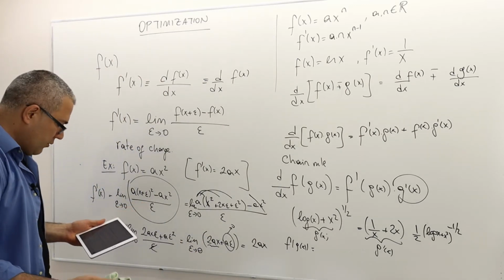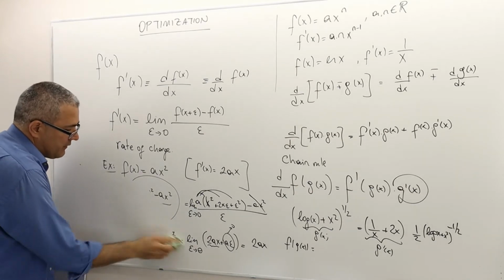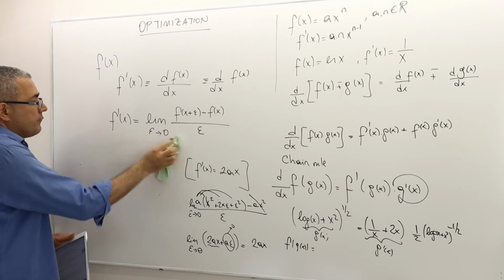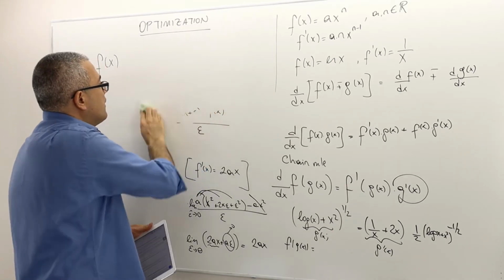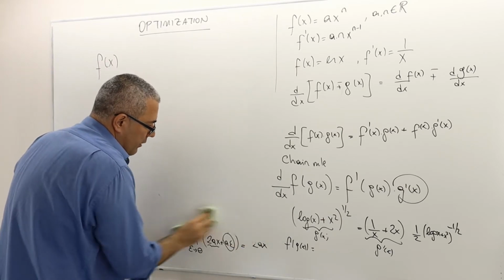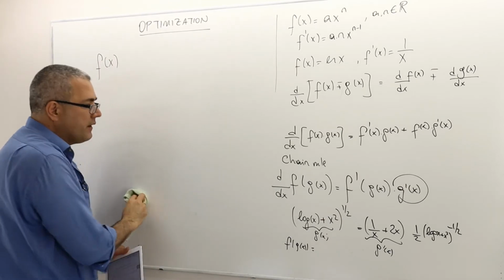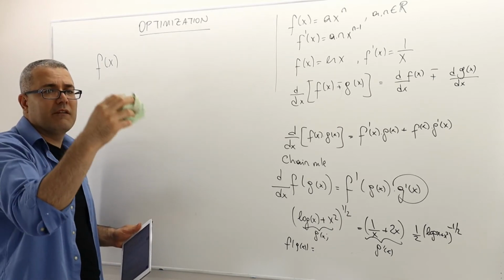Now, maximization. What is the idea of maximization? If I have a function f of x and I would like to maximize it, it means I would like to find the points in its domain that give me the highest level of f.